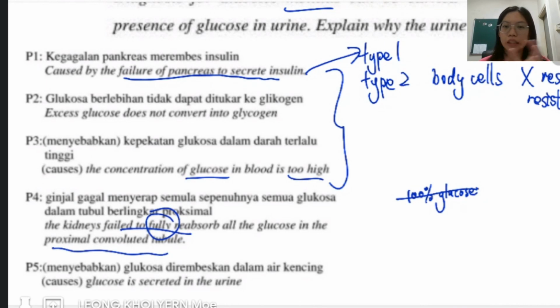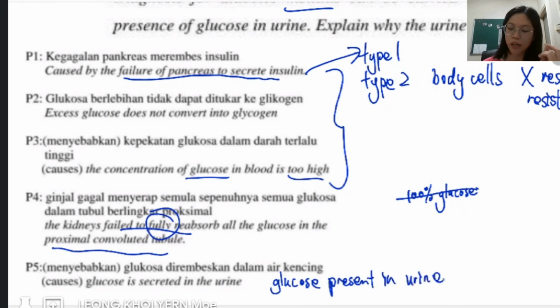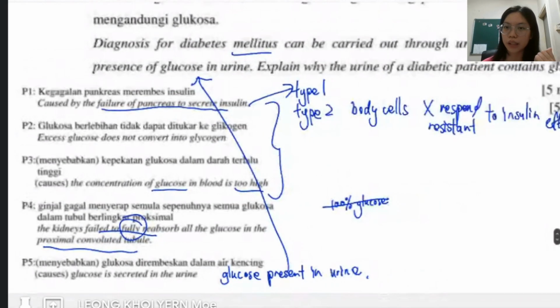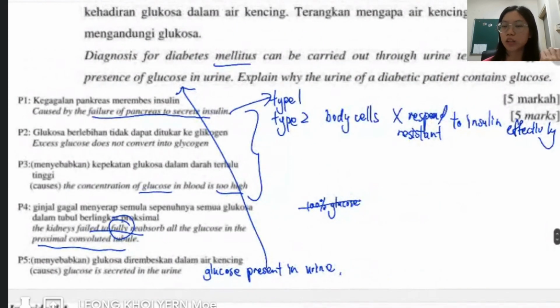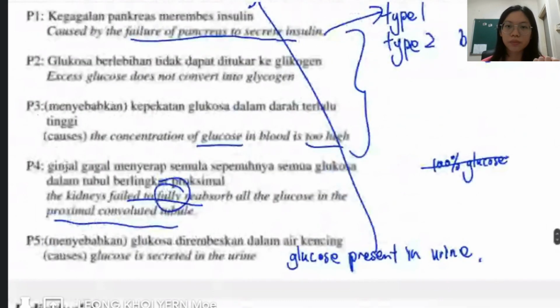You have to be specific, it is at the proximal convoluted tubule. That's the reason why the glucose will be discharged in the urine. Thus, glucose is present in the urine. That's how you answer the question on explaining why urine of a diabetic patient contains glucose.